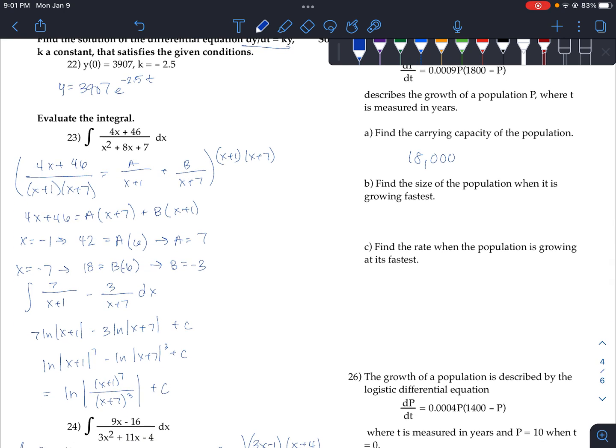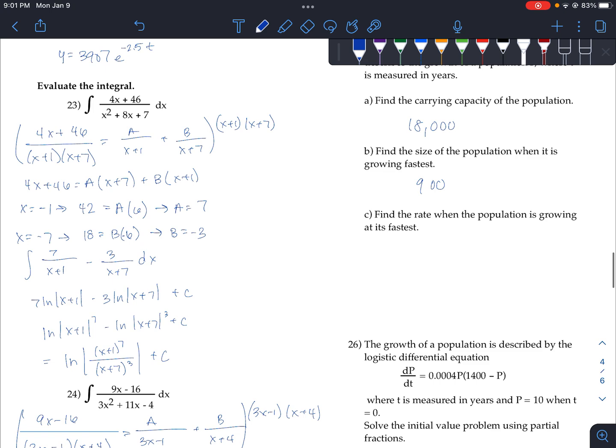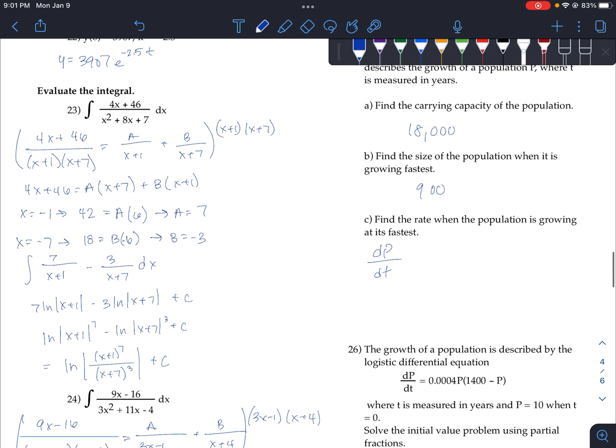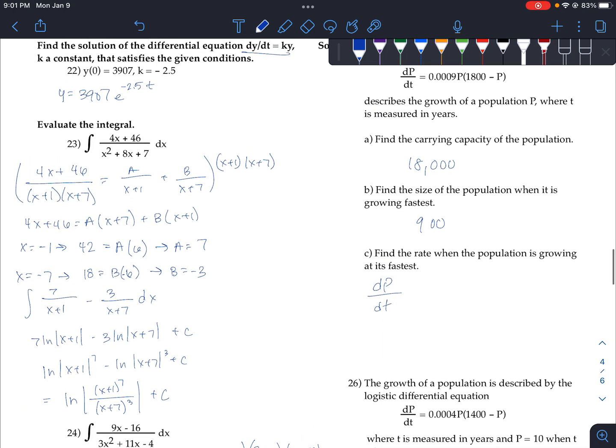B, find the size of the population when it is growing fastest. That would be at half the population, so at 900. Find the rate when the population is growing at its fastest. So we have dP/dt fastest. That's going to be equal to 0.0009 times 900, and then 1800 minus 900 is 900.